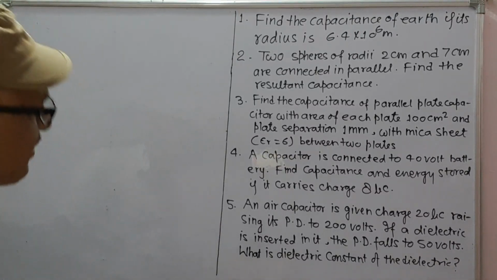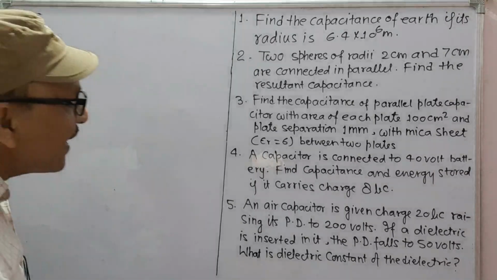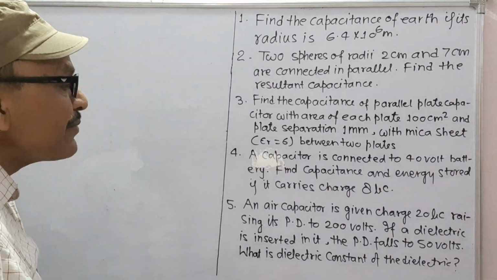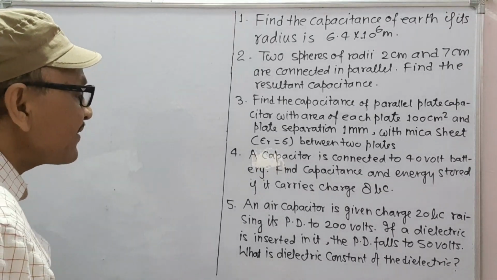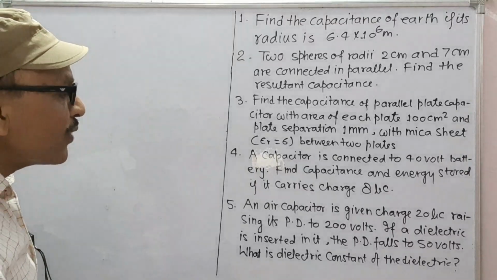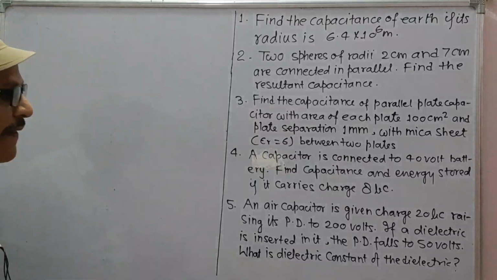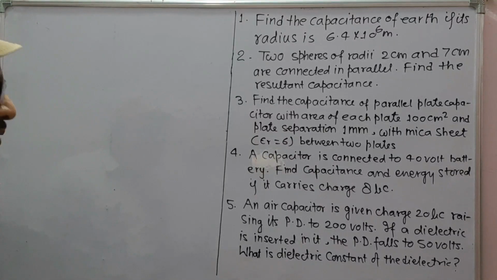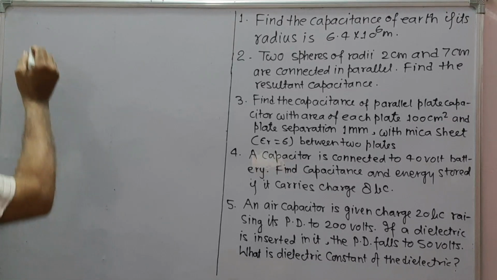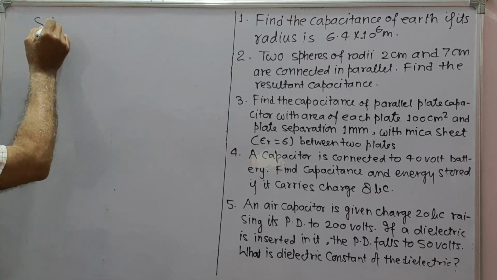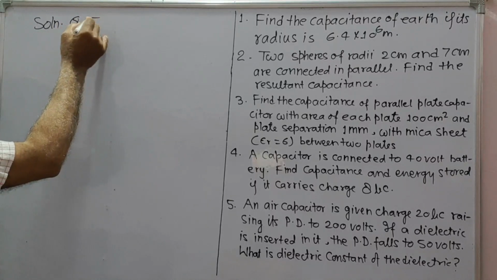Next, question number 5. An air capacitor is given charge 20 microcoulomb, raising its potential difference to 200 volts. If a dielectric is inserted in it, the potential falls to 50 volts. What is the dielectric constant of the dielectric? Now, solution to question 5.